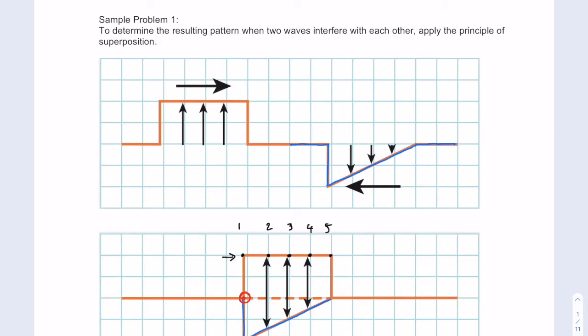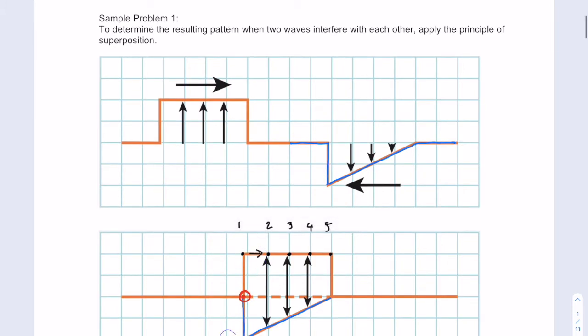At point number 2, we can see that the orange wave has a displacement of 2 units above, and the blue has a displacement of 1.5 below. If we add +2 and minus 1.5, we will get a resulting interference point whose displacement is 0.5 above the equilibrium position.